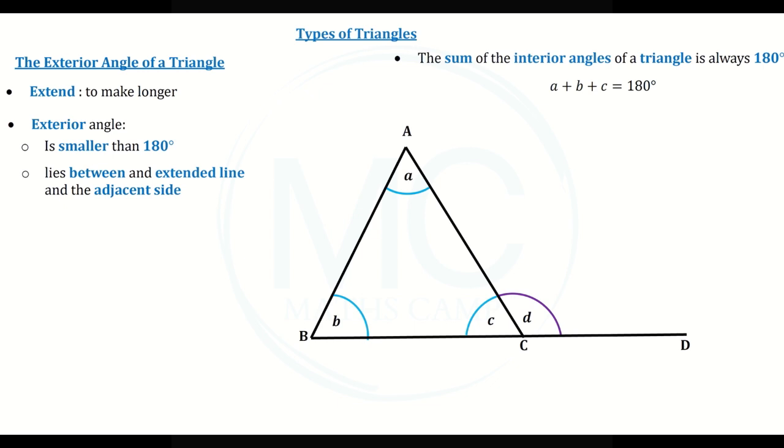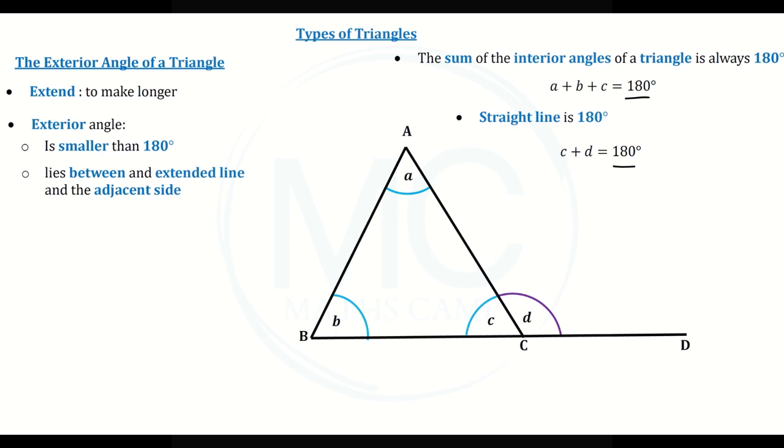We also know from our previous videos that the angle of a straight line is equal to 180 degrees. Here, C and D lie on a straight line, so we can see that C plus D is also equal to 180 degrees. Now we have two equations that are both equal to 180 degrees. And in algebra, we learned that if two equations are equal to the same value, then the equations themselves are equal as well.